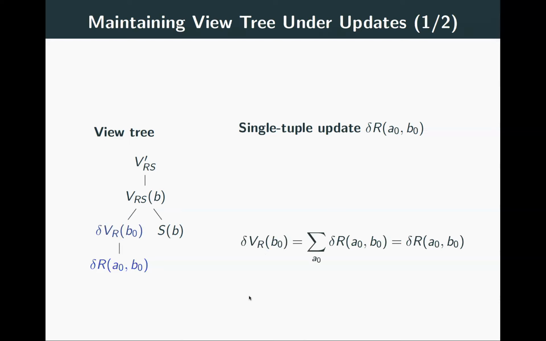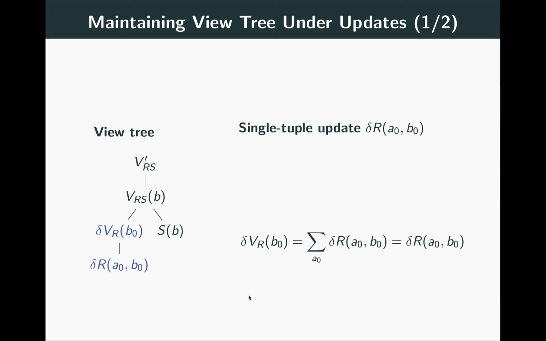So effectively, this delta for the view we have here maps this tuple B0 to the multiplicity of our original update. This sum essentially here is pointless because we have a single tuple. If we have several tuples, then of course we have to sum up over all of them, if you have a batch of updates.